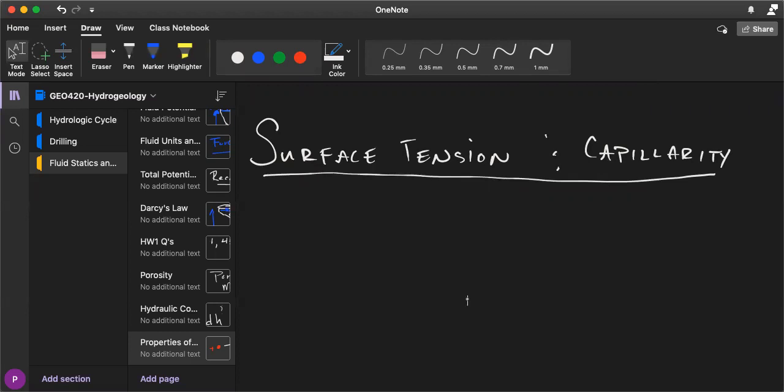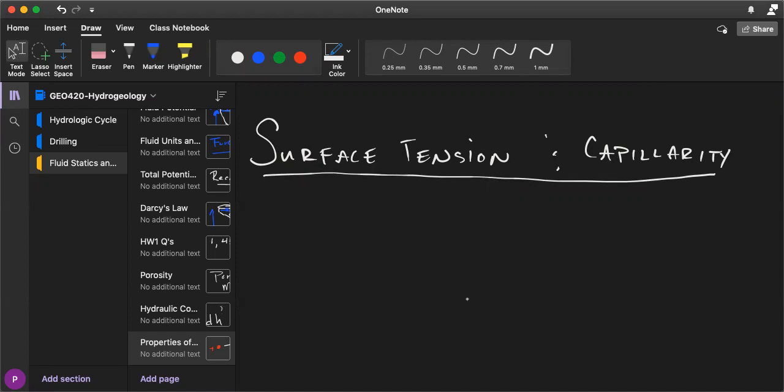Okay, so because water has these polar molecules, it likes to stick to itself. And it creates the property of surface tension. So it requires a certain amount of force to pull water apart. We have to break those electrostatic attractive bonds.